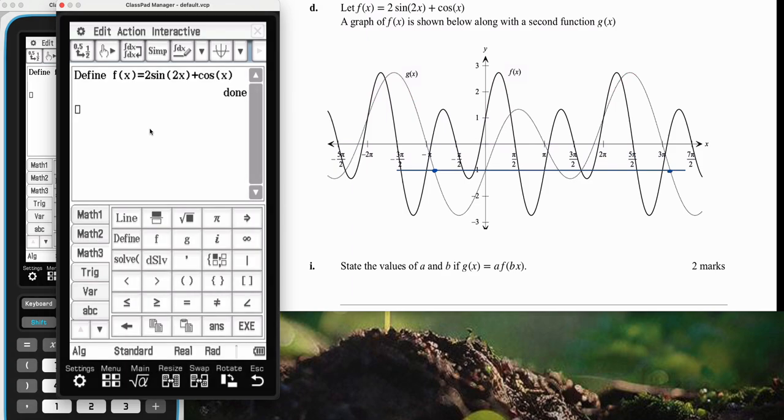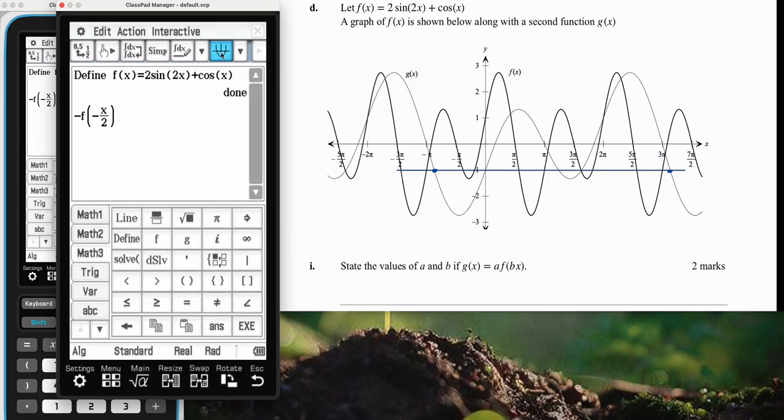It's about twice that. So my intuition tells me this. If I'm dilating by a factor of 2, this needs to be x over 2.